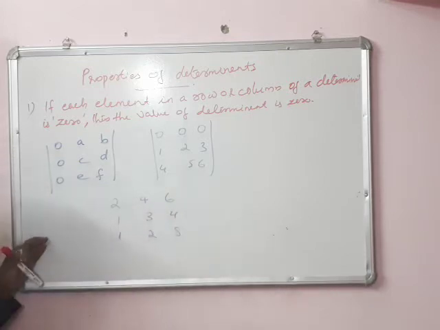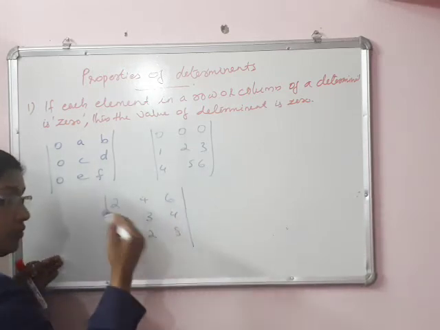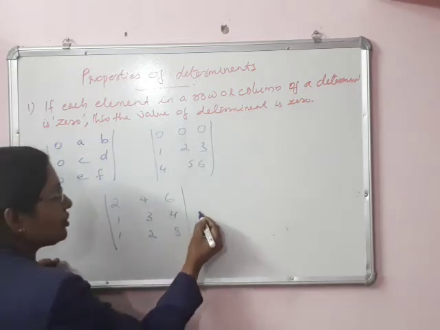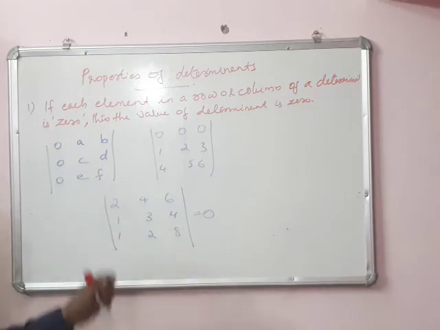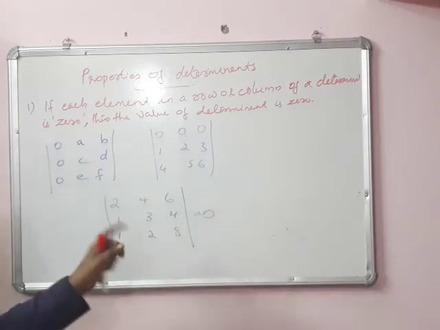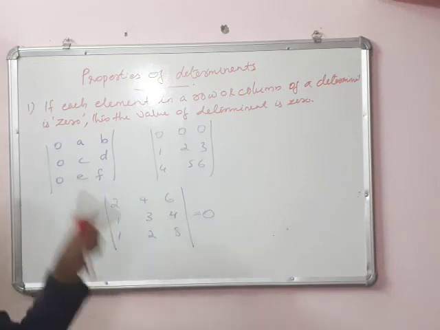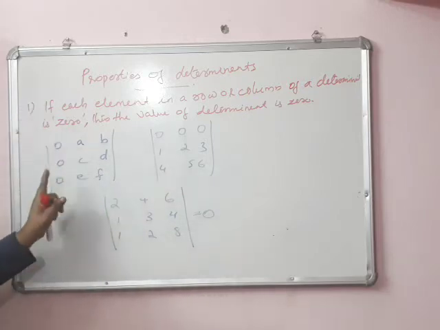If we have a determinant like that, using properties of determinants, prove that it is equal to 0. How can we prove it? For that, our main aim is whether any one row or column becomes 0. For that, we will do some row interchanging or addition or subtraction, anything. At last we can understand how to solve. This is the first property.